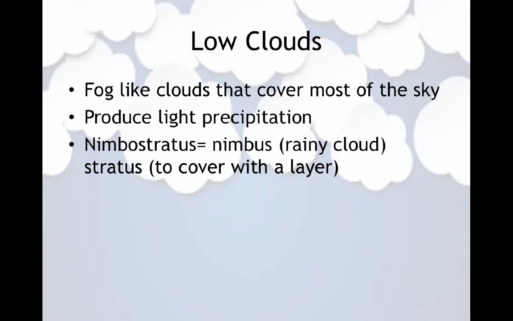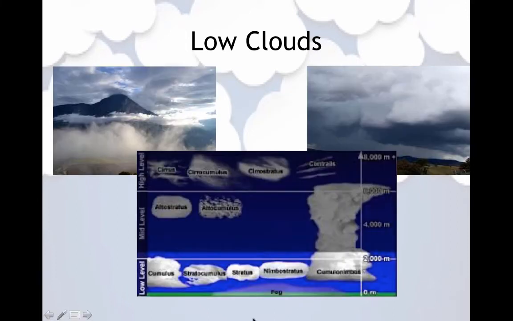The last type of cloud that we're going to talk about is our low clouds. Low clouds break out into three different groups. We have stratus, nimbostratus, and stratocumulus.